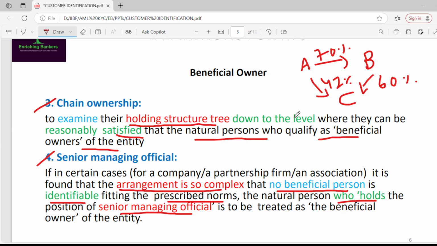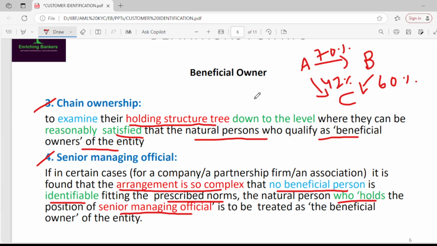Here, if the structure of companies is chain-like, if the ownership is a chain-like structure, then you need to mention all the natural persons involved in that chain ownership.